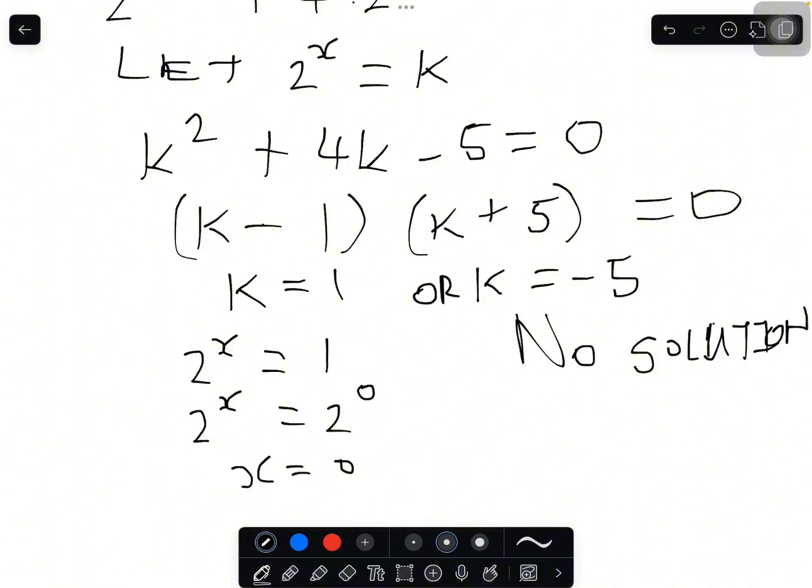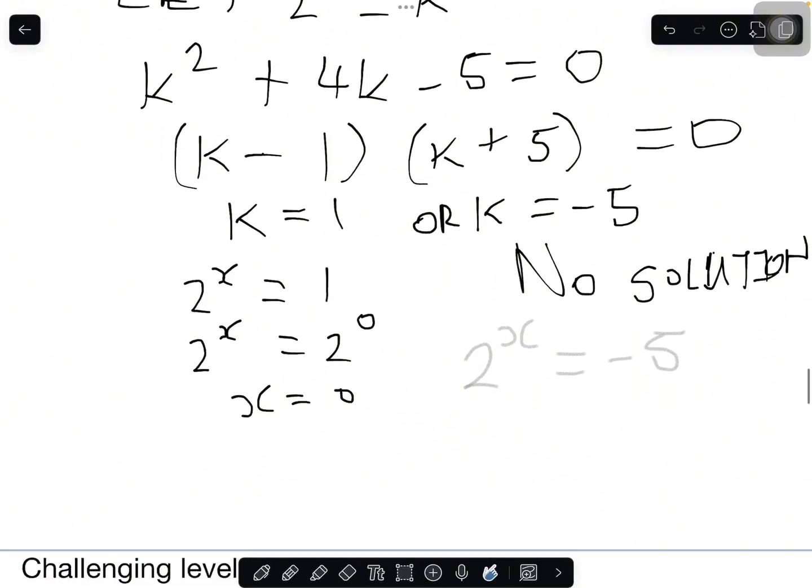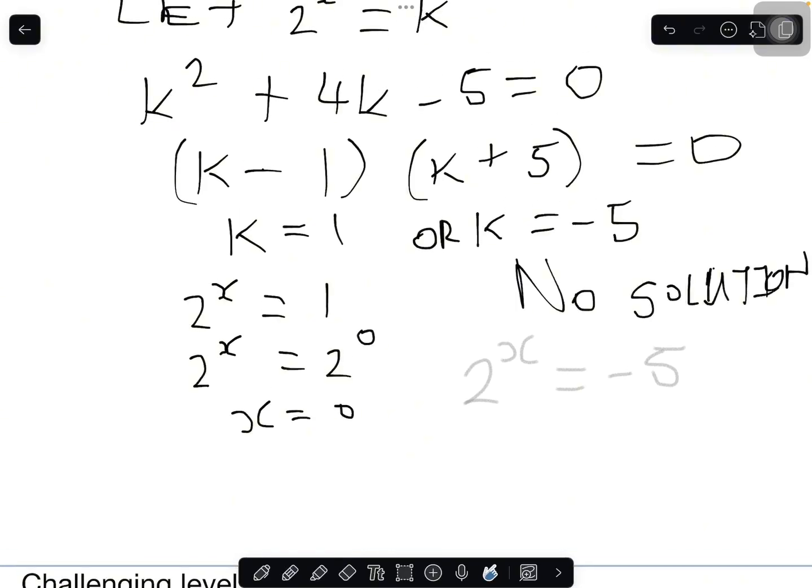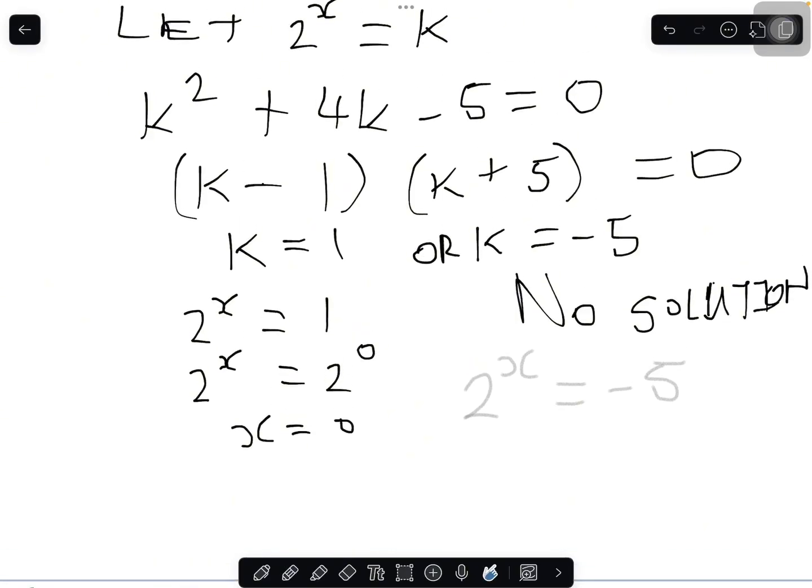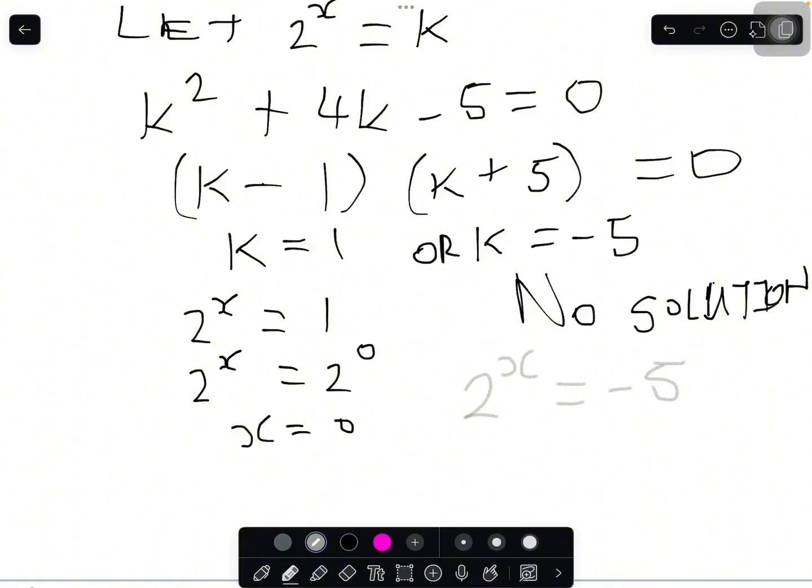Now you may be wondering, why is this no solution? And let's look at this for a second. If I have 2 to the power x equals negative 5, is there any number that I can put to this positive number as a power to get negative 5? No, there isn't. Because if I put 2 to a negative, let's say 1, it only becomes a fraction. It doesn't change it from a positive to a negative.